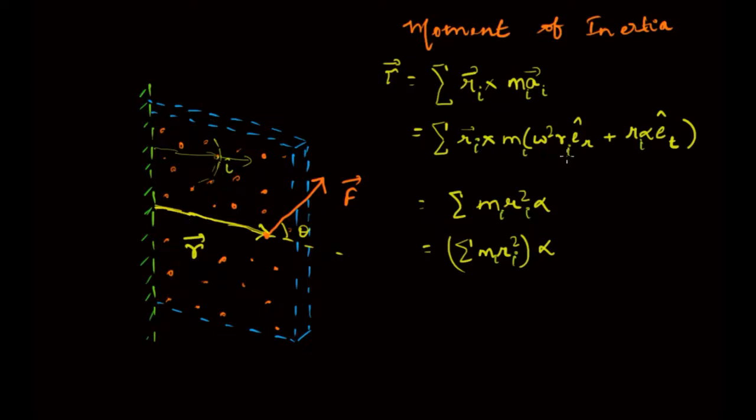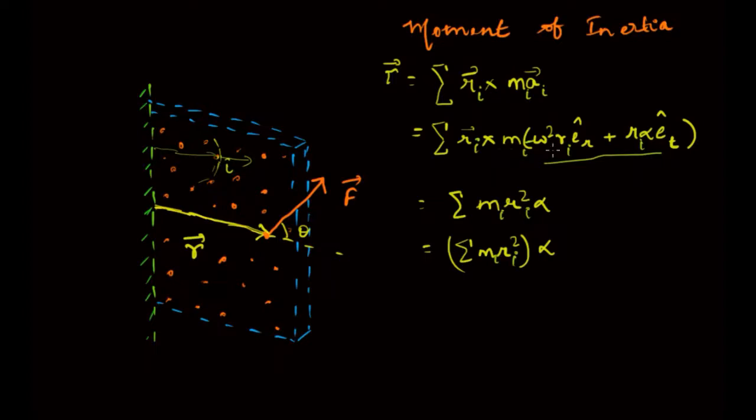Its acceleration is given by minus omega square r er cap, which is the centripetal acceleration, plus the tangential acceleration, which is r into alpha. This is er cap, the radial direction, and this is et cap, the tangential direction. We know that in a circular motion, this is the acceleration.